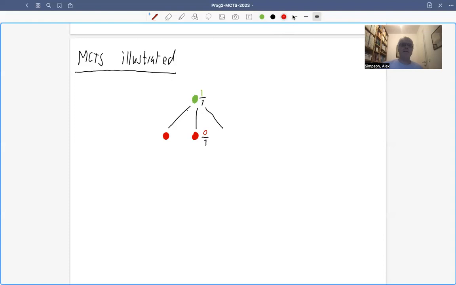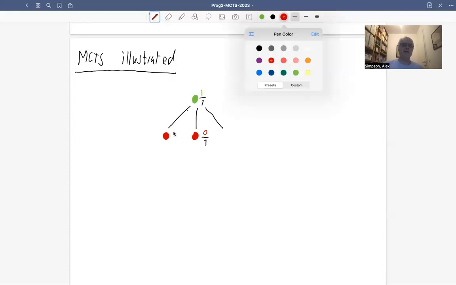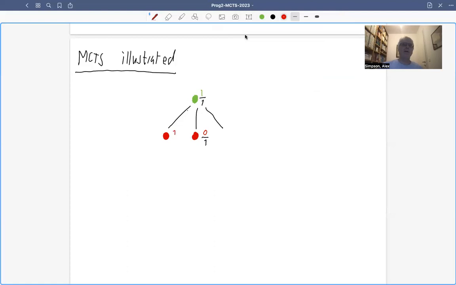And perhaps this time red wins that play. So red has won 1 out of 1 game played, and green has now won 1 game out of 2 games played.